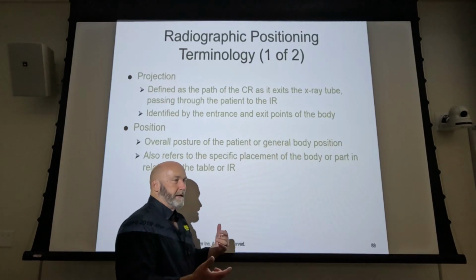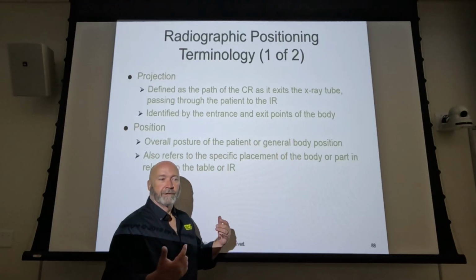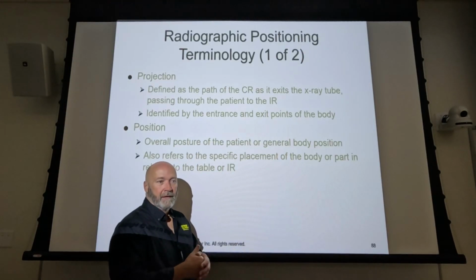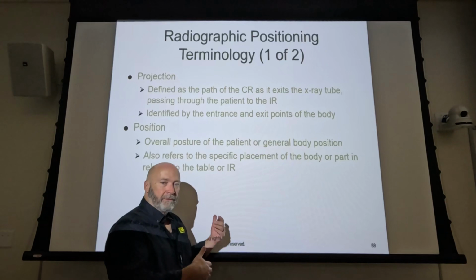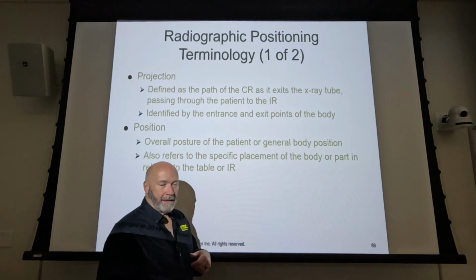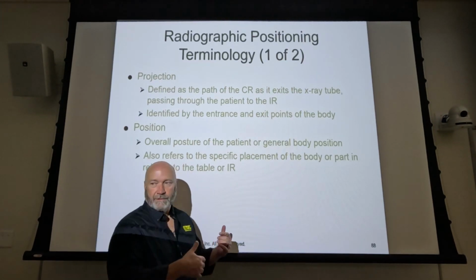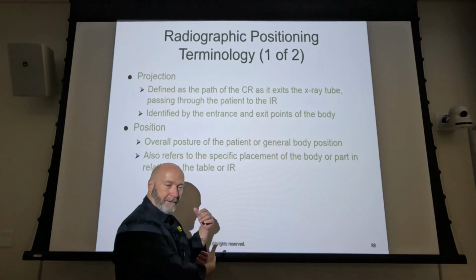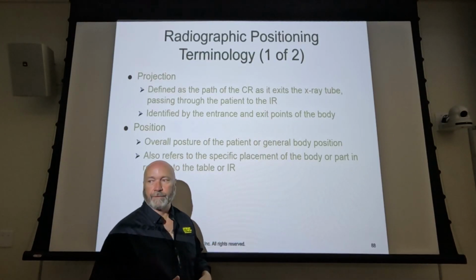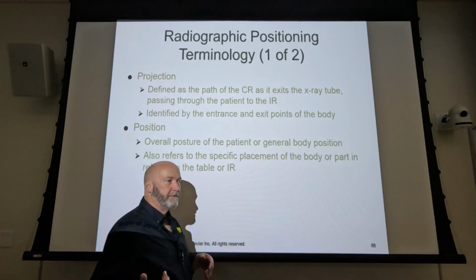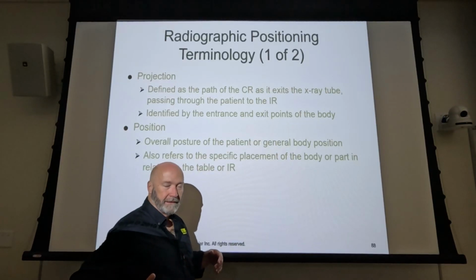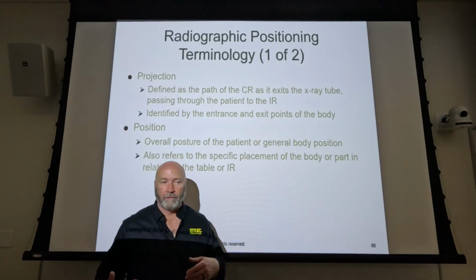The lateral is both a projection and a position, okay? Almost always left lateral on a chest x-ray. That puts the heart closer to the image receptor. If they're concerned about a nodule or something in the right lung, we might do a right lateral.